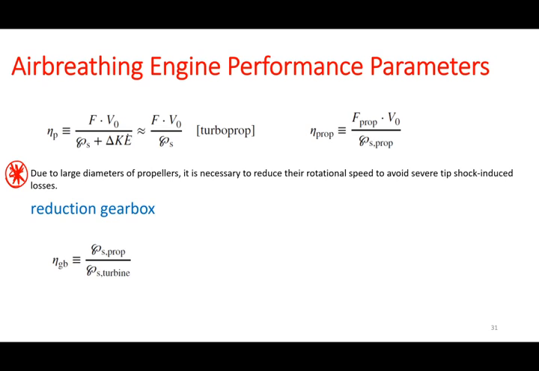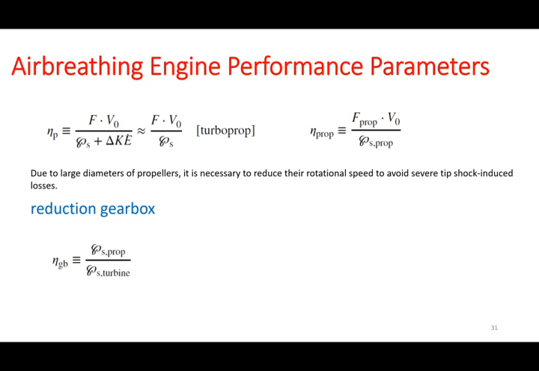That reduction gearbox itself may have some losses, so we have to include a gearbox efficiency, which is going to be the total power to the propeller divided by the total shaft power of the turbine.